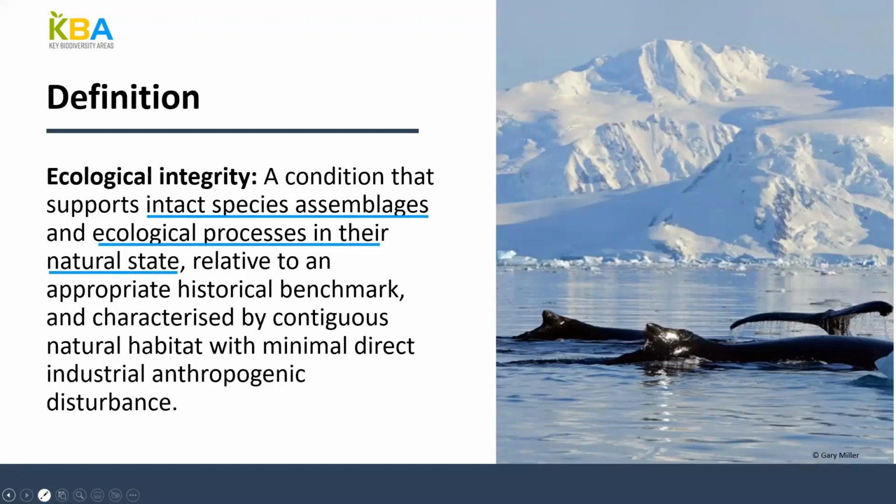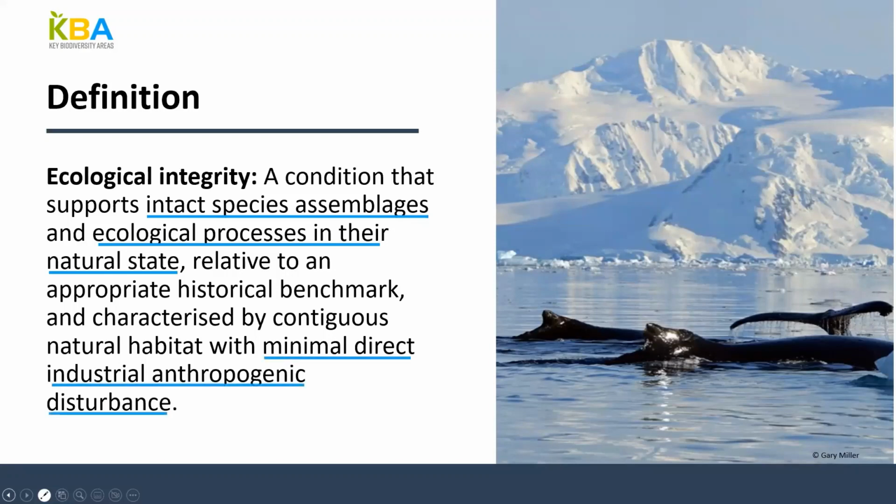The supports ecological processes in its natural state is referring to biological patterns and ecological processes that are able to take place at the landscape level without significant human interference.